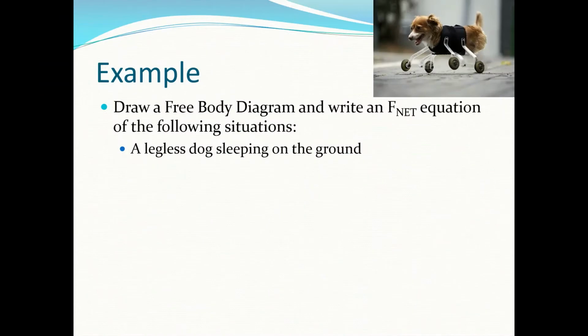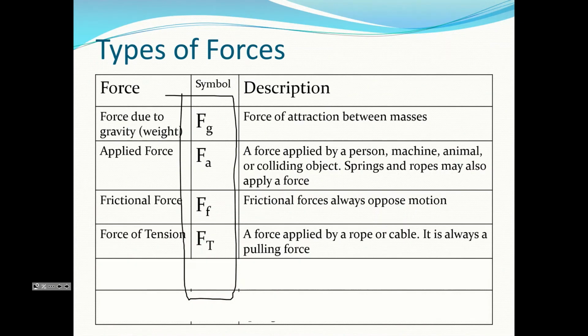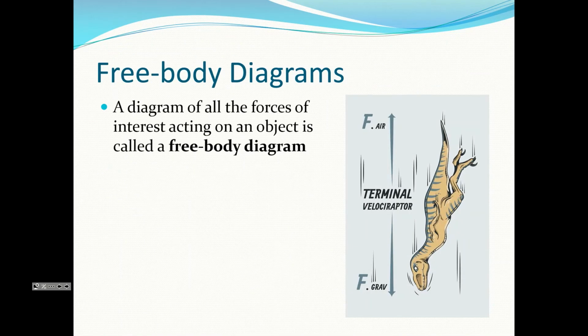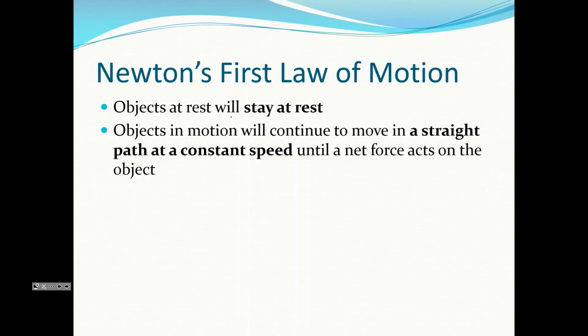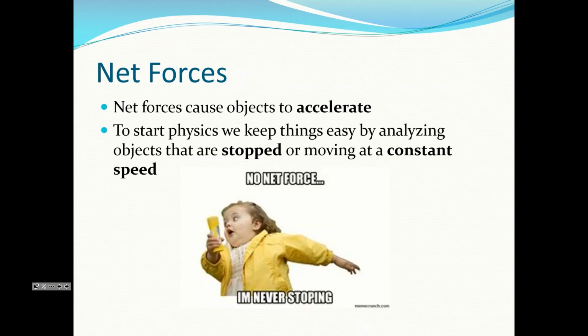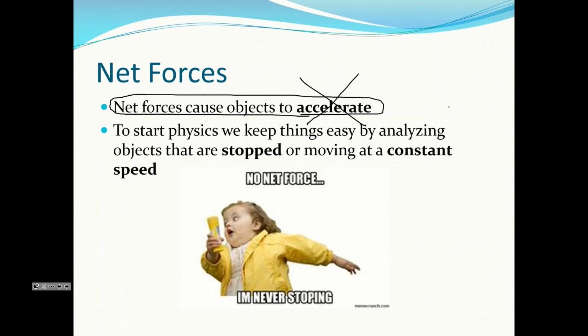If I go back to this, objects at rest will stay at rest, and objects in motion will continue to move in a straight line at a constant speed until a net force acts on it, right? What a net force does is cause objects to accelerate. If I'm moving at a constant speed, it means I'm not accelerating.